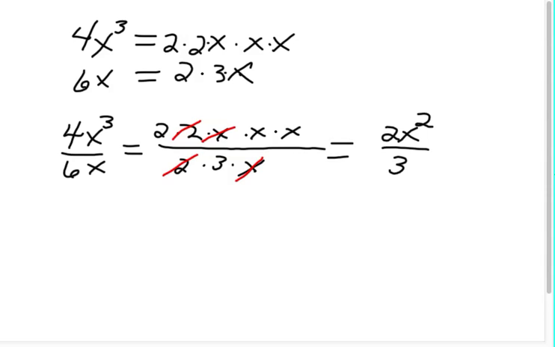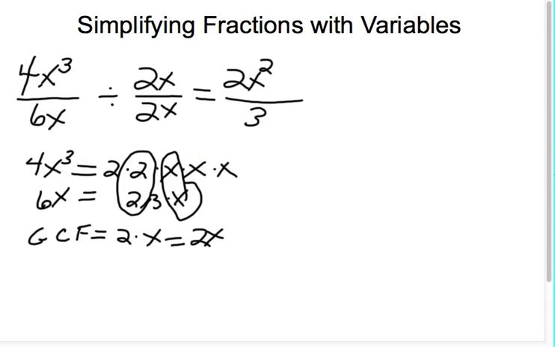So there are 2 ways that you could show your work on a problem like this. The first way is that I find my greatest common factor, name it, and show my work by saying 4x cubed divided by 2x, 6x divided by 2x, and that equals 2x squared over 3.